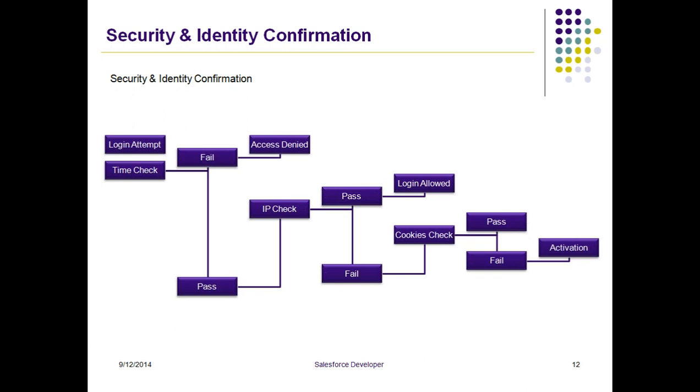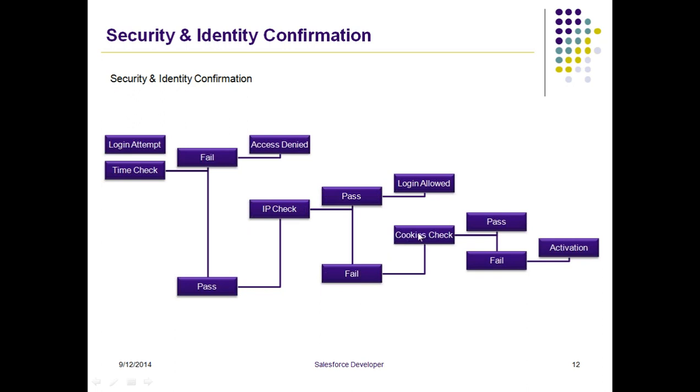Now what would happen here is, when this activation is done, tomorrow when I try to log in, the IP check will fail again. Let's say tomorrow again I am working from home. The IP check will fail because my home IP is not included.